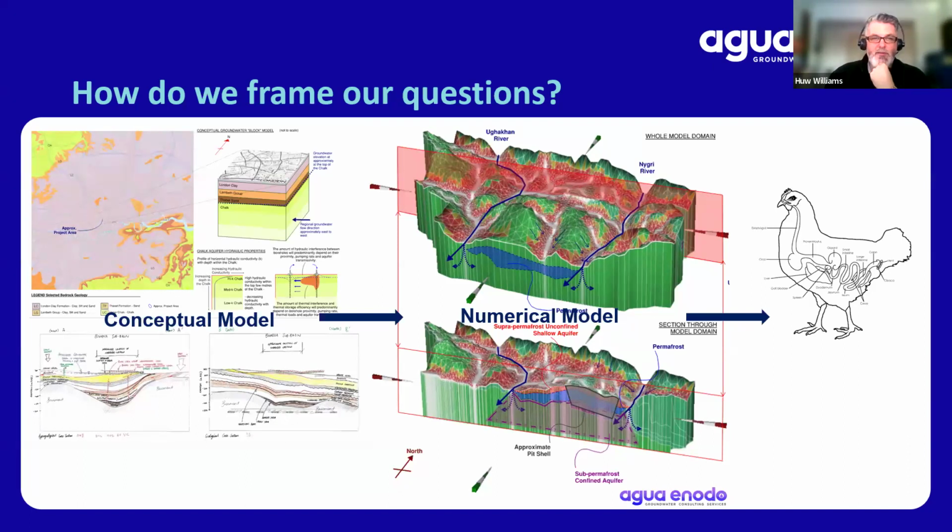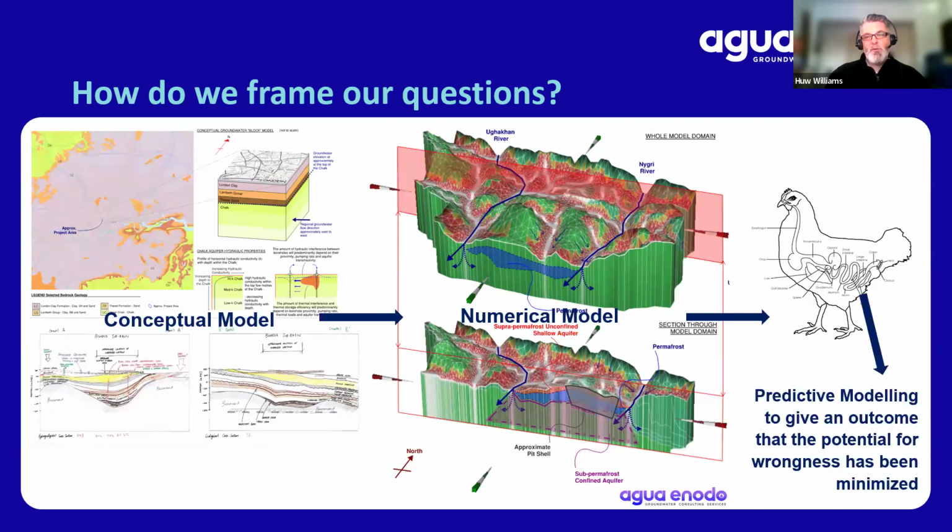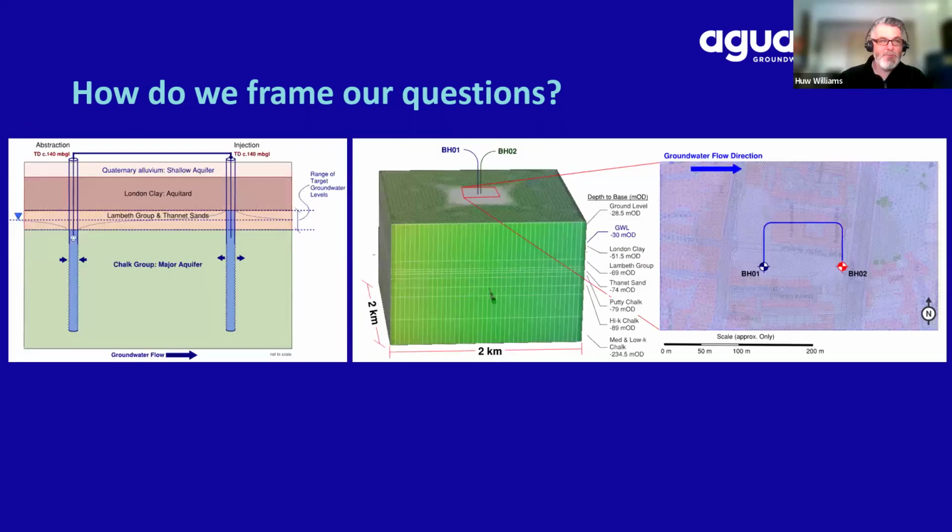And that's the modeling mantra. Predictive modeling can't give you the correct answer. It can only give you an outcome the potential of which has been minimized for its wrongness. So we have a range of possible outcomes from a numerical model, and that's about that. Every modeler has to say that once in a modeling talk. So I shall move on from that now.